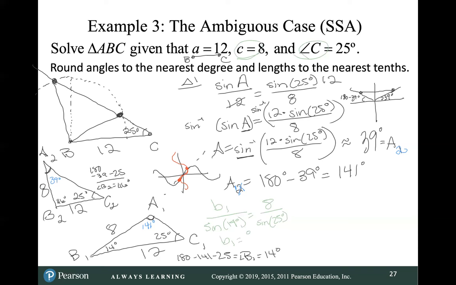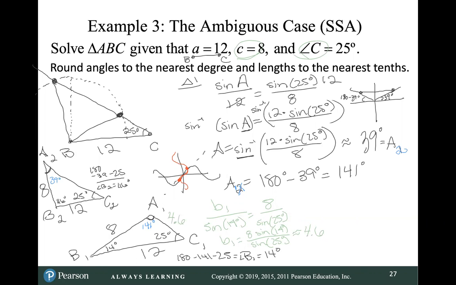B1 equals 8 times sine of 14 degrees divided by sine of 25 degrees. And for side lengths, we're approximating to the tenths. And that tells me 4.58 rounds to 4.6.